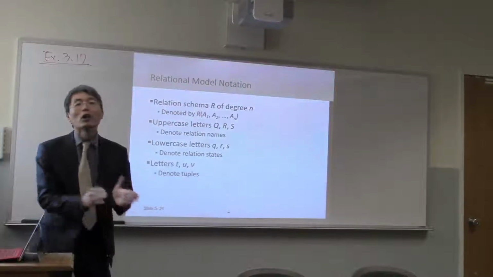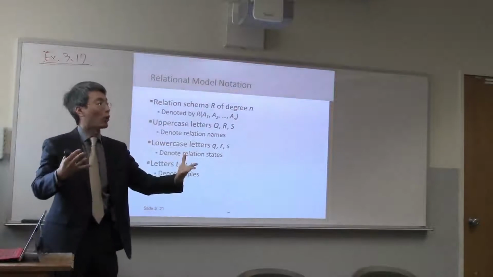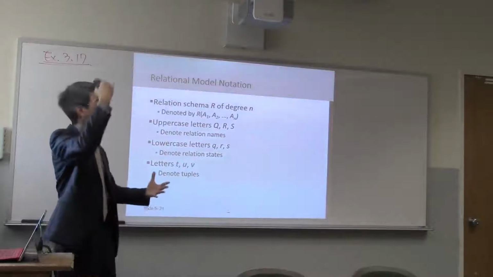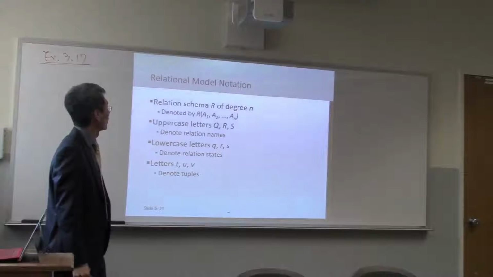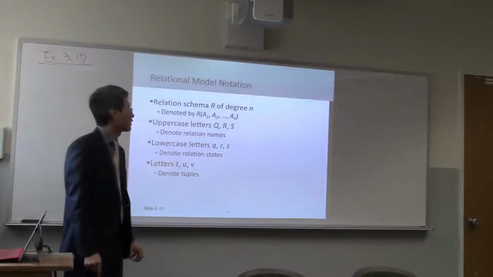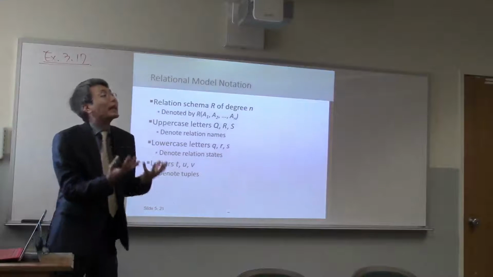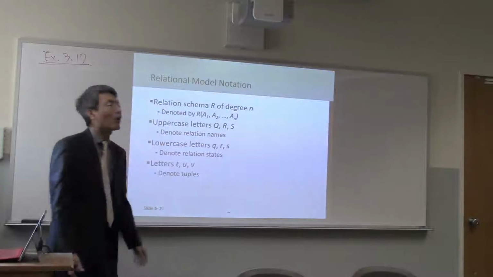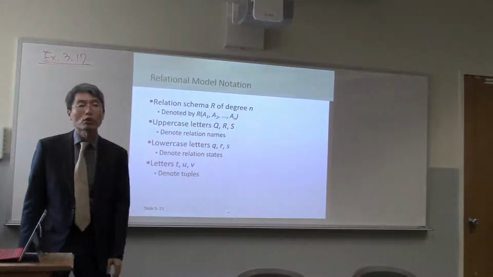It's the same for the table name later. You probably know what a table in a database is, which we are going to create later. So we prefer uppercase. And lowercase is for the database state. Database state means the data itself. For the data itself, we prefer to use lowercase letters, and for the tuple, it's also lowercase.